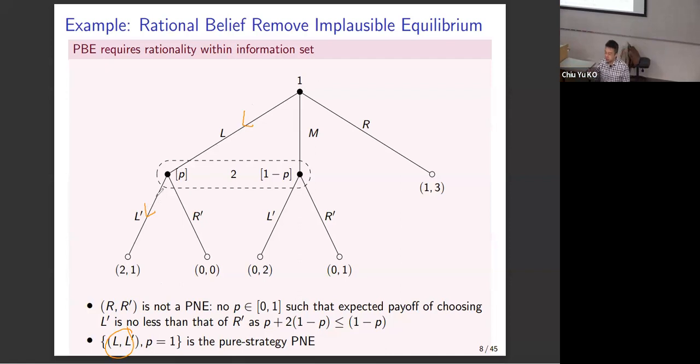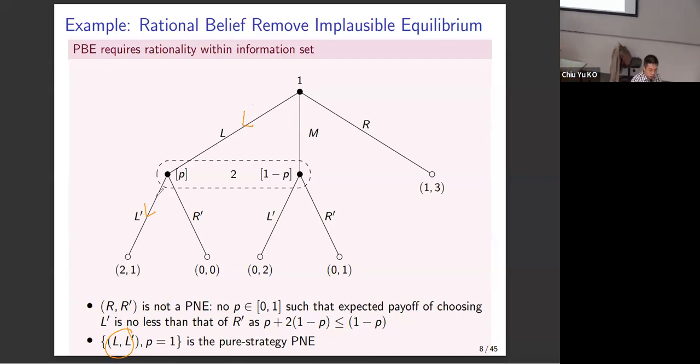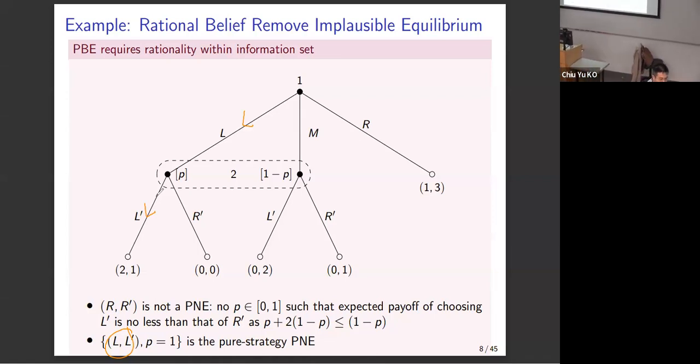Imagine this game played many times. Of course, you just play once, but imagine it played many times. Player 2 would see that L is chosen after the game is over. Every time, L is the outcome. So if you play many times, you can only believe that P must be 1. That's Bayesian, right?